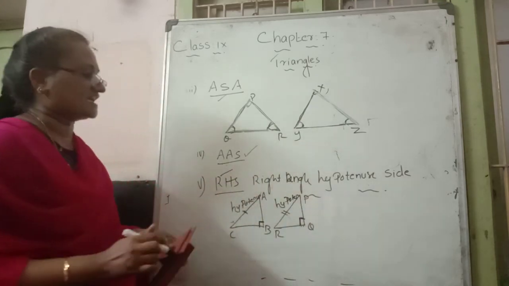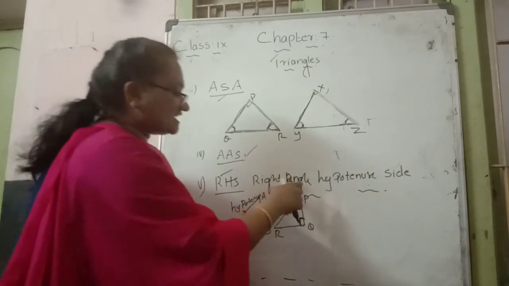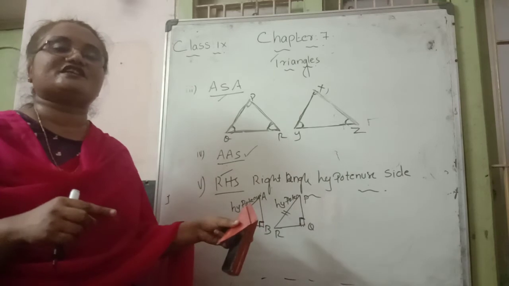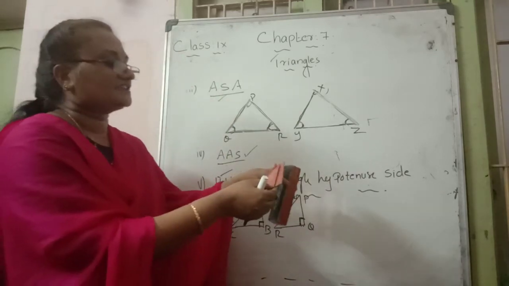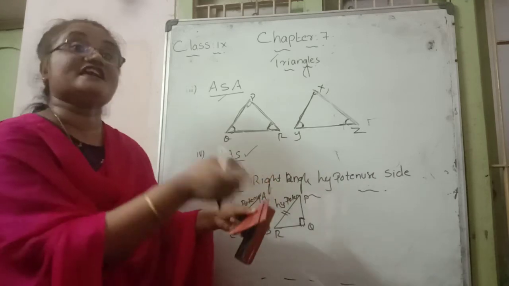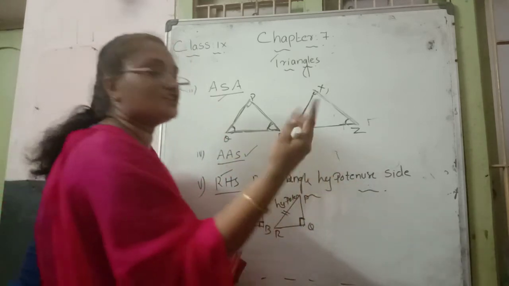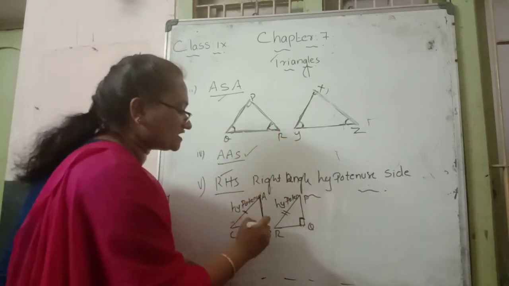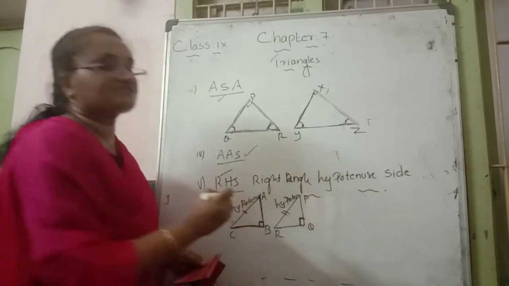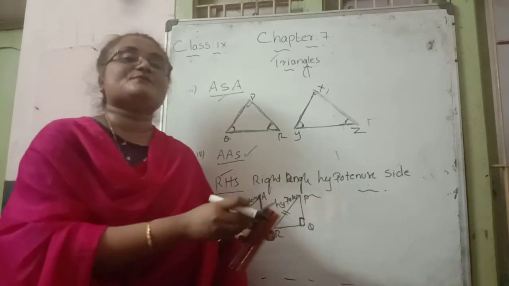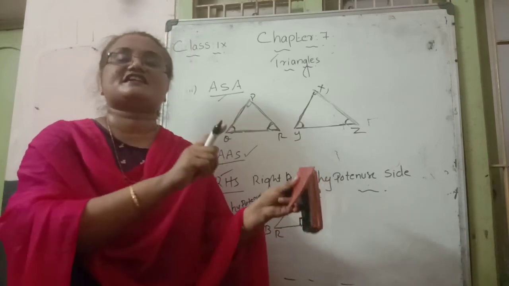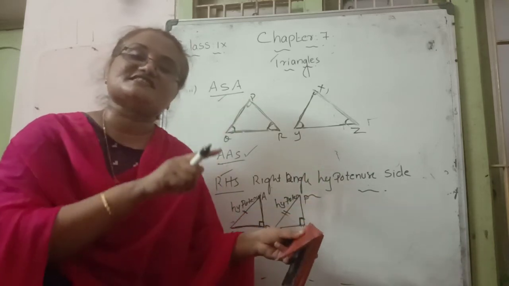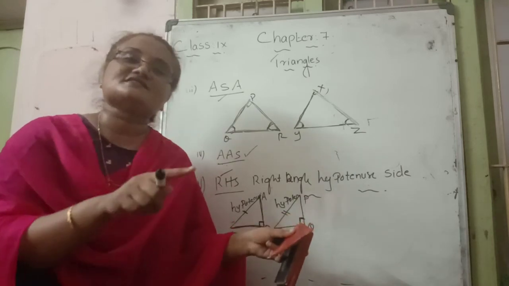So AC and PR are the hypotenuses of these right angled triangles. Then one hypotenuse and any one side, maybe the altitude side or maybe the base side, if they are equal in the first and second triangle, we can say they satisfy the RHS property.